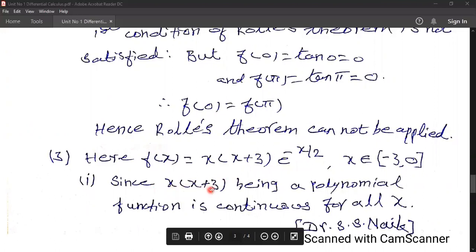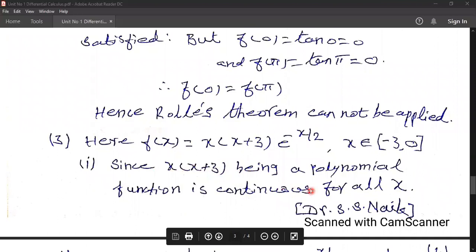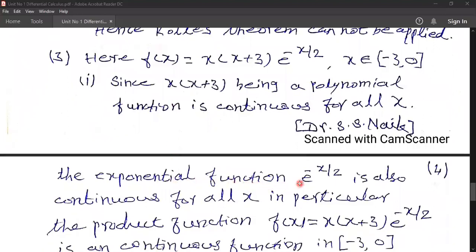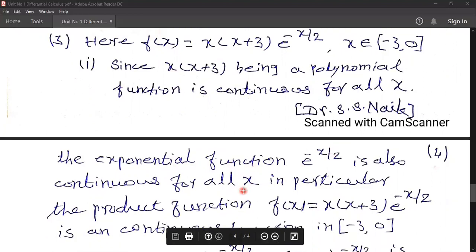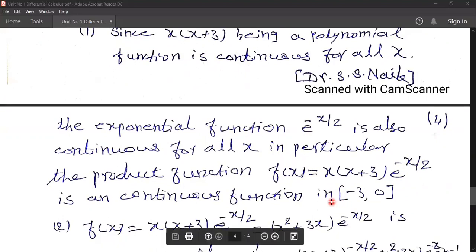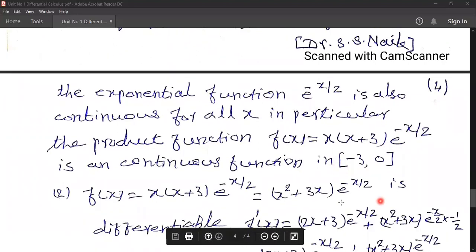Since x into x plus 3, being a polynomial function, is continuous for all values of x between minus 3 and 0, and the exponential function e to the power minus x by 2 is also continuous for all x, in particular the product function f of x is equal to x into bracket x plus 3, e to the power minus x by 2, is a continuous function in minus 3, 0.